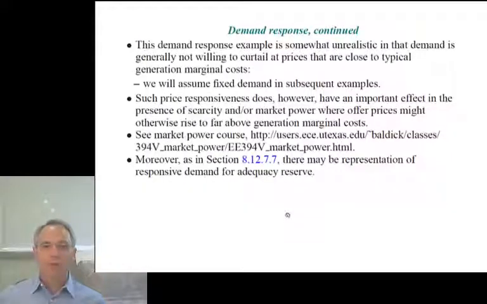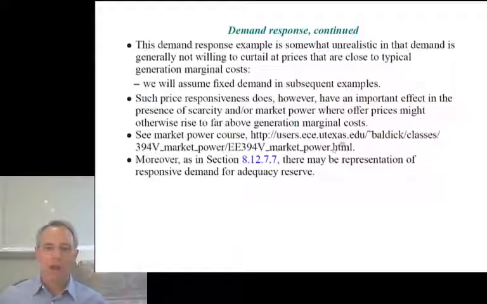This demand response example is somewhat unrealistic in that demand is not generally willing to voluntarily curtail at prices that are close to typical generation marginal costs. So we're going to assume fixed demand in subsequent examples. However, price-responsive demand definitely does have an important effect in the presence of scarcity and or market power, where offer prices might otherwise rise to far above the generation marginal costs.